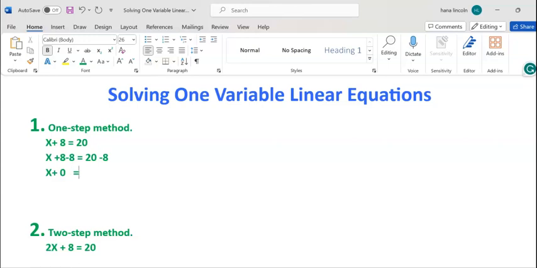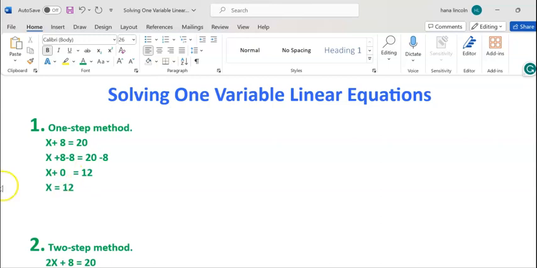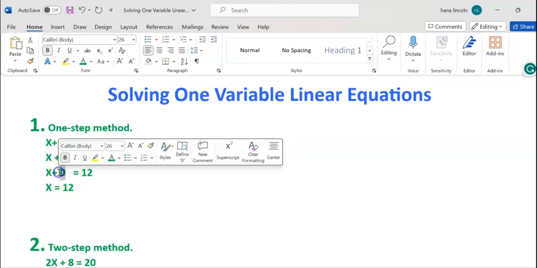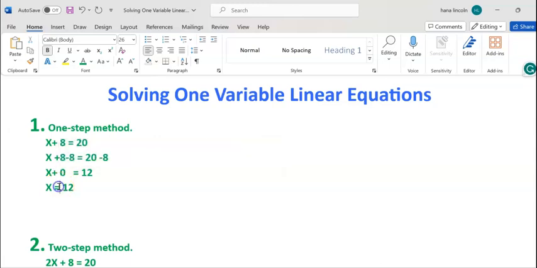Equal, just type in this equal back. 20 minus 8 is 12. Now you can put x equals 12. You don't need to write down 0 because 0 is nothing. So the value of x is 12.